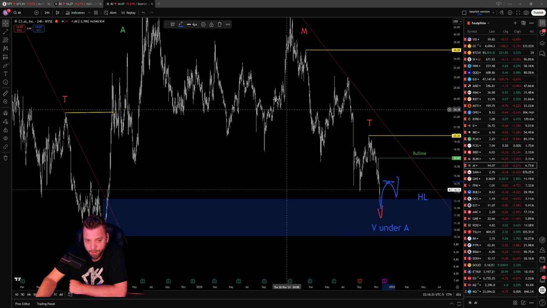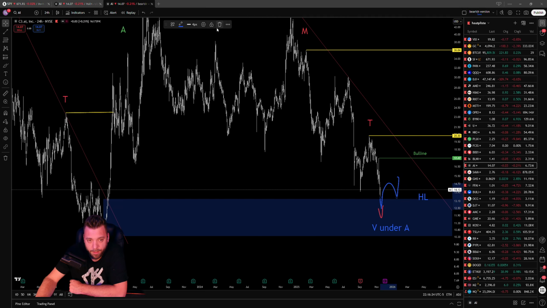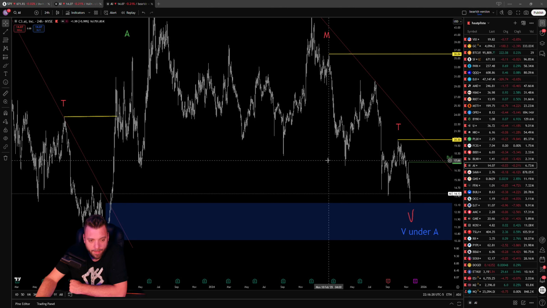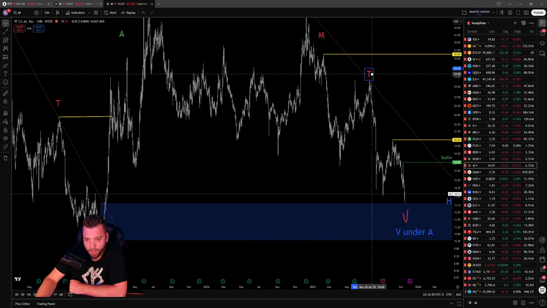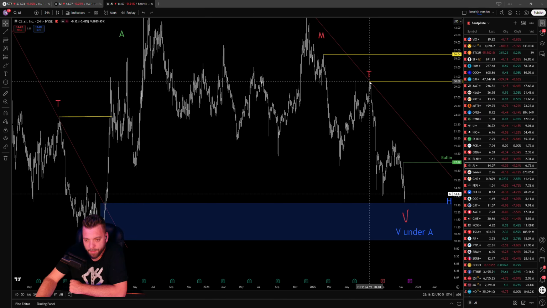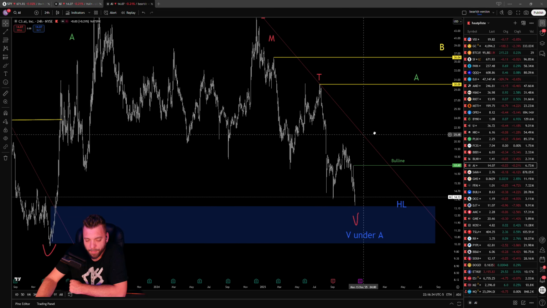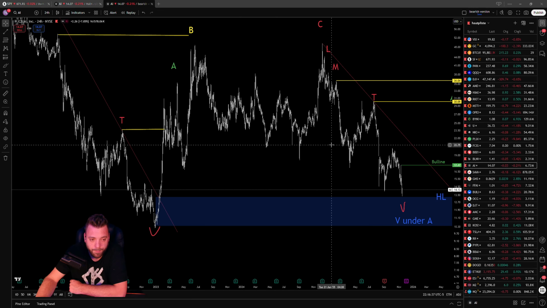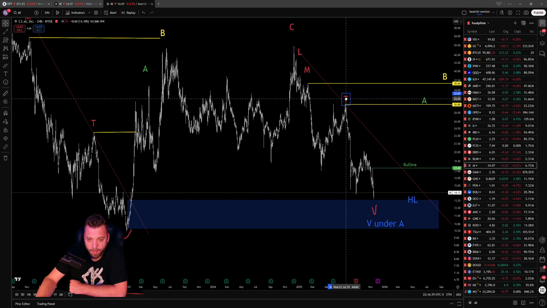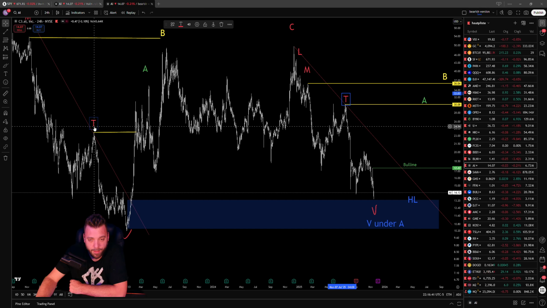Why I was so bearish in the last weeks? Just because fractals are repeating. And the thing is, no, that's why this was C. This was A. Yeah, sorry. Because here you have a T, the same as here.